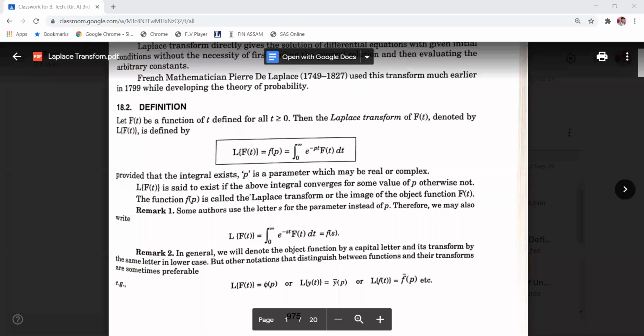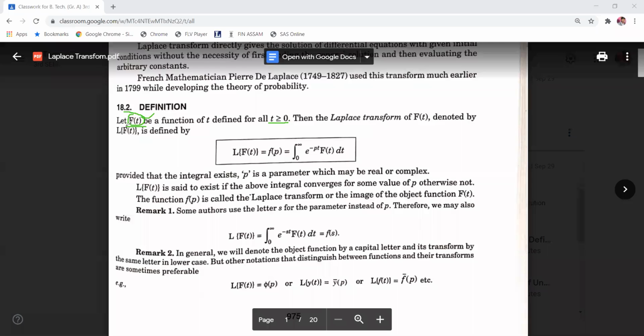Now, Laplace transform is nothing but, suppose you have a function f of t. This function f of t exists for all values of t when t is greater than or equal to 0. This f(t) will not be valid for t less than 0.